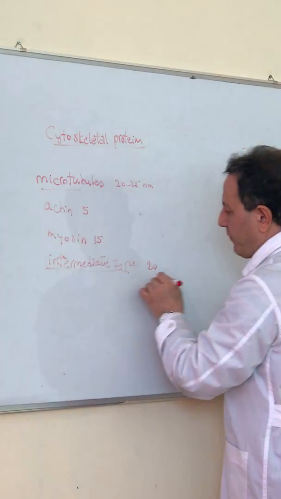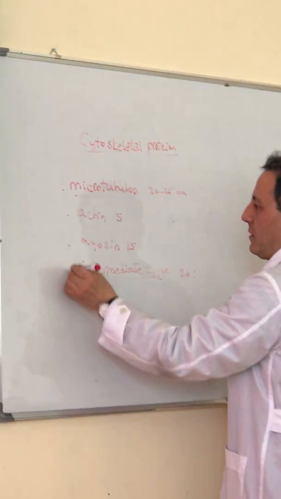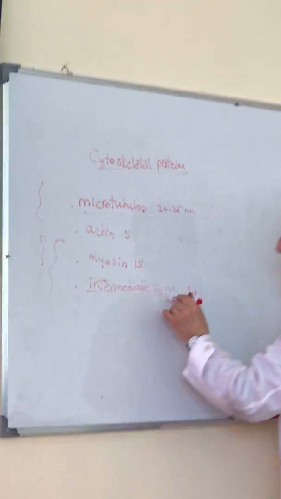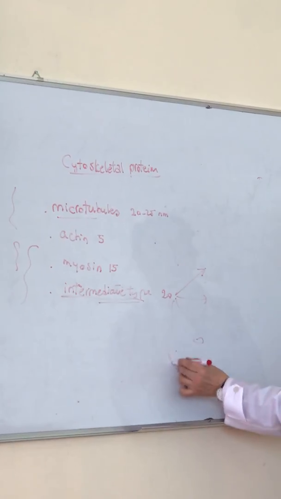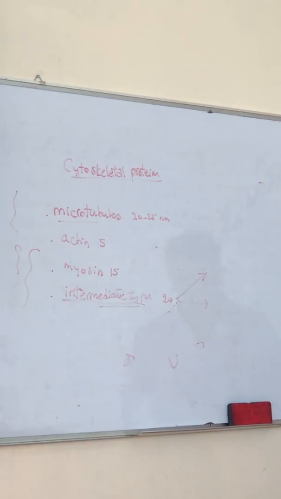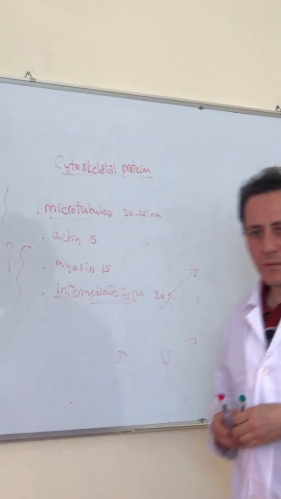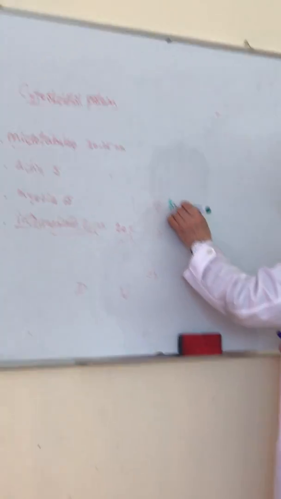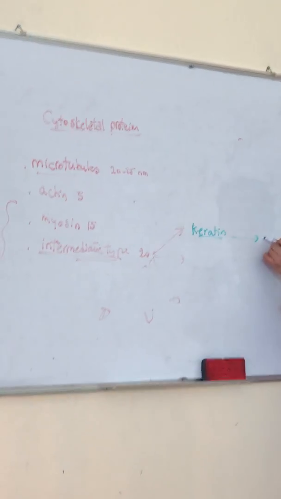This intermediate type of filaments again has different types. These are all filamentous proteins. Keratin intermediate filament is present in epithelial cells.